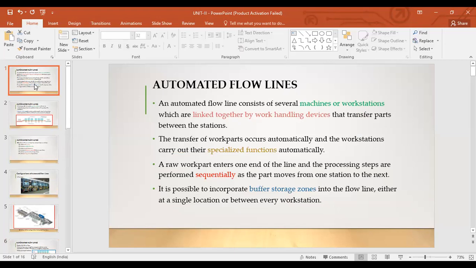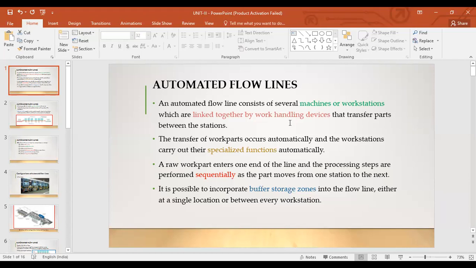So what we saw is that, as the name suggests, flow line, you have to have a flow of work pieces. So basically, the workstations are linked together. That's an important thing to remember, that they are linked together by work handling devices that transfer parts between the stations. So that's how you form a flow line.